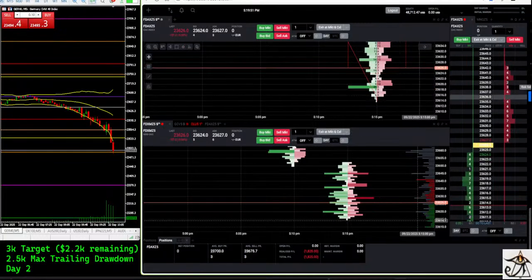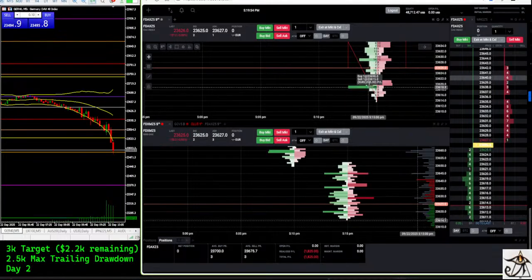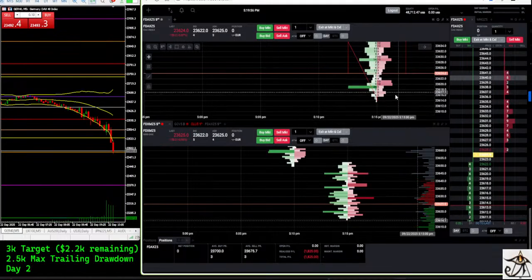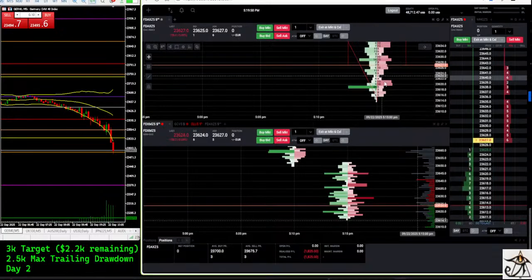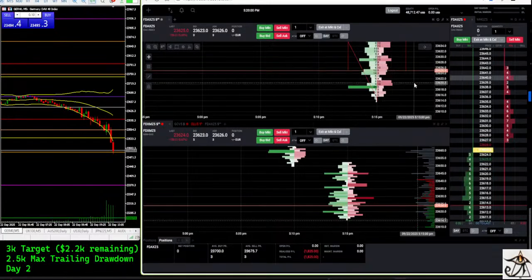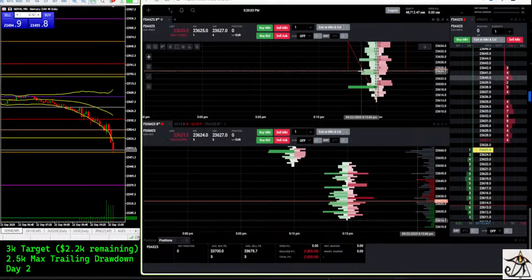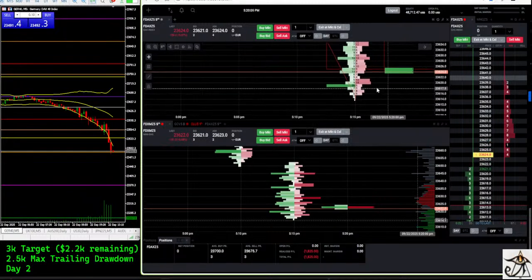The volume still seems to show the sellers have control. There's buyers coming in, but it's not moving the market as much as it probably should, meaning that basically the sellers have that control, they're not letting up.